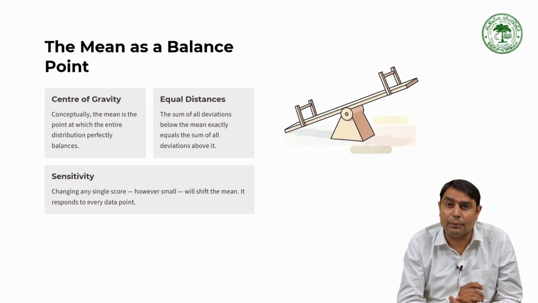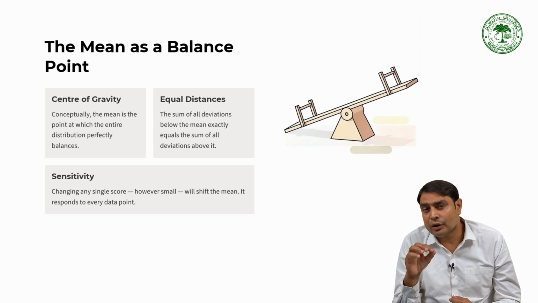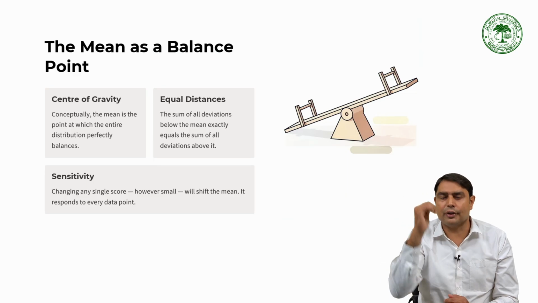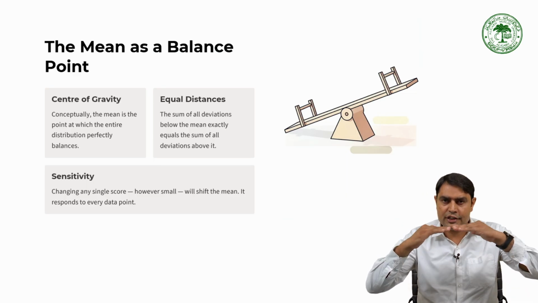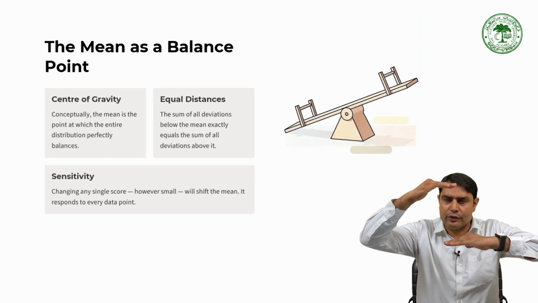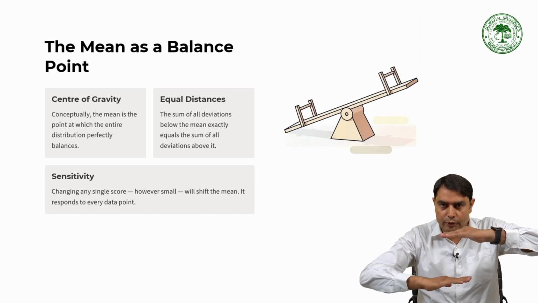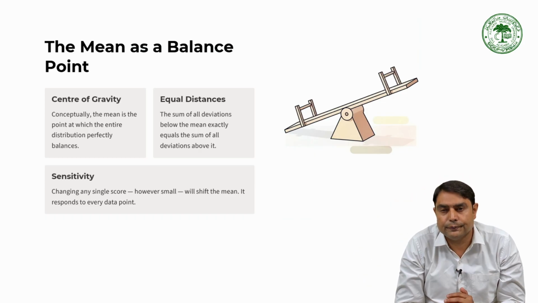We have already talked about this. What does that mean? It means that the total deviation below the mean is equal to the total deviation above the mean. Mean is a balancing point, half of the values are above the mean and half of the values are below the mean.